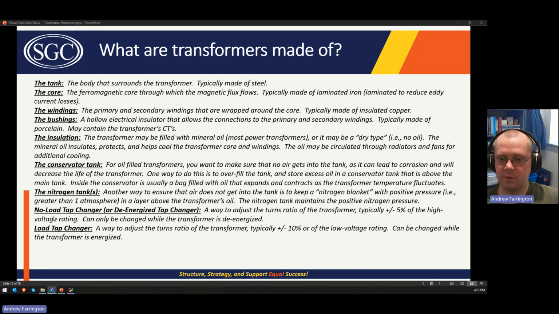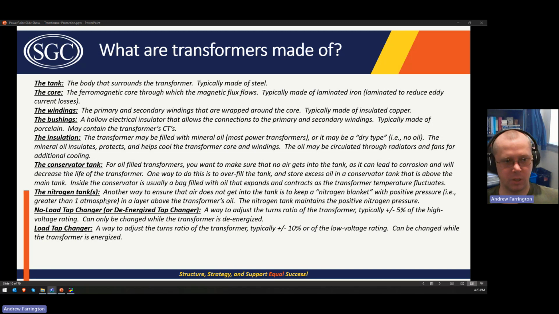You also typically have a no load tap changer, also known as a de-energized tap changer, and that's a way to change the transformer ratio, typically within a range of plus or minus 5% of the high voltage rating. The no load or de-energized tap changer can only be changed when the transformer is not under load, thus the name.